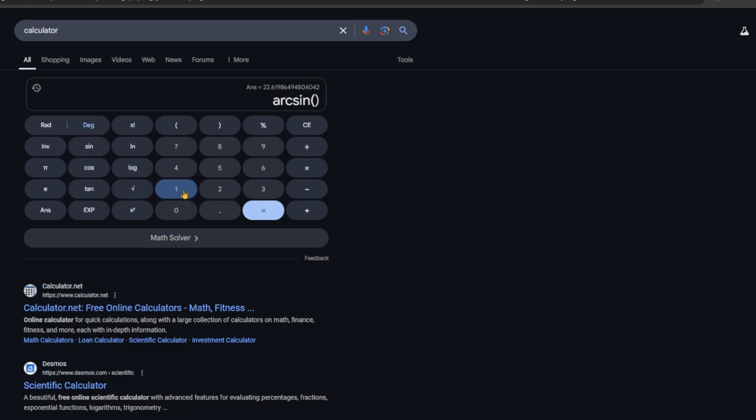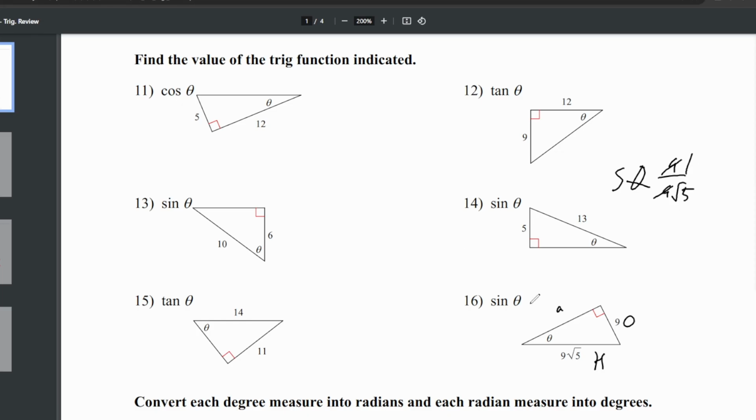Inverse sine of 1 over square root of 5 would be 26.565. Or if we round, that would be 26.57 degrees approximately.